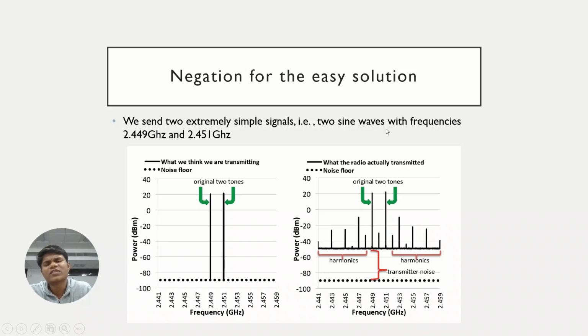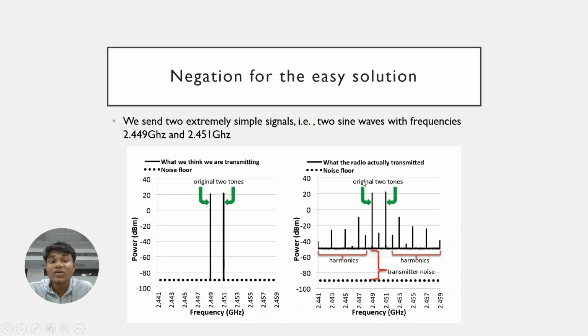What we do is we transmit two extremely simple signals of frequency 2.449 gigahertz and 2.451 gigahertz, which is shown on the left. What we think we are actually transmitting are these two peaks, which represent the power level of the two signals.